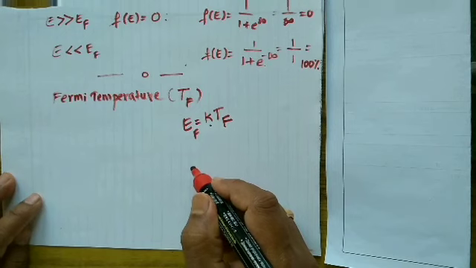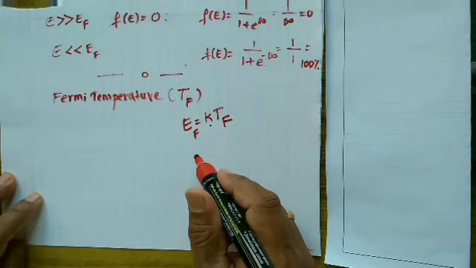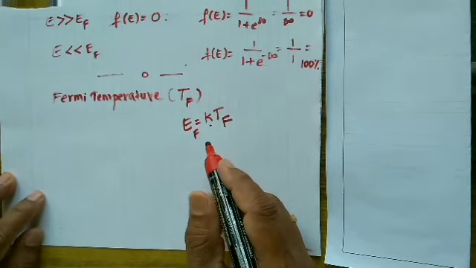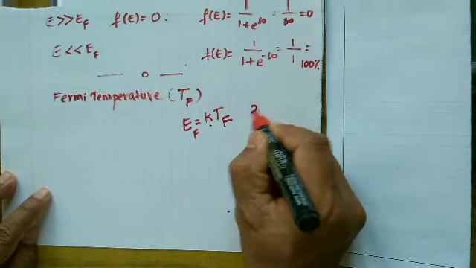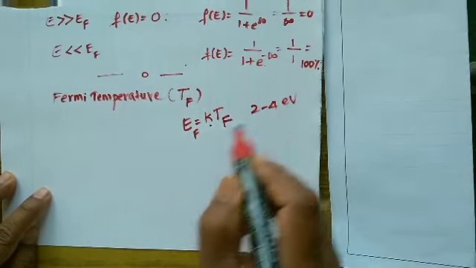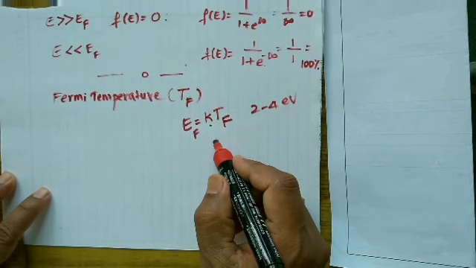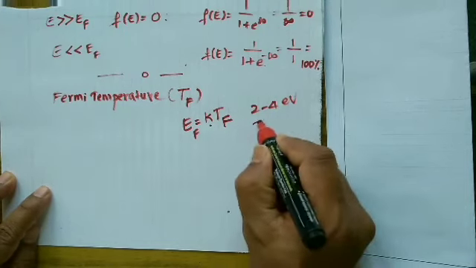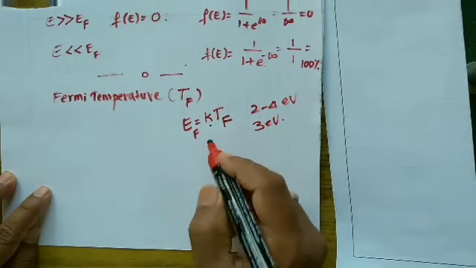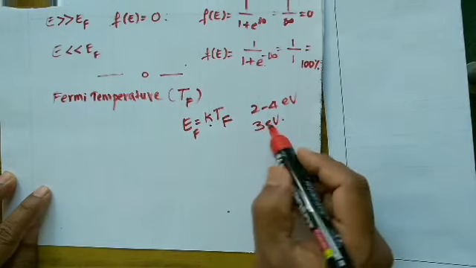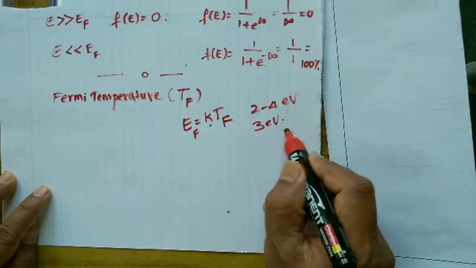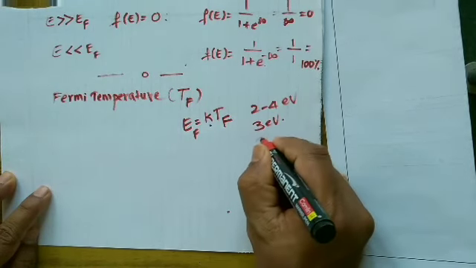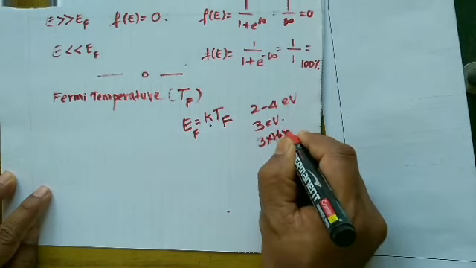Generally, Fermi energy is of the order of a few electron volt. It is about 2 to 4 electron volt for metals. If we take an average value, that is 3 electron volt, in this calculation, 3 electron volt means it is 3 into 1.6 into 10 power minus 19 joule.